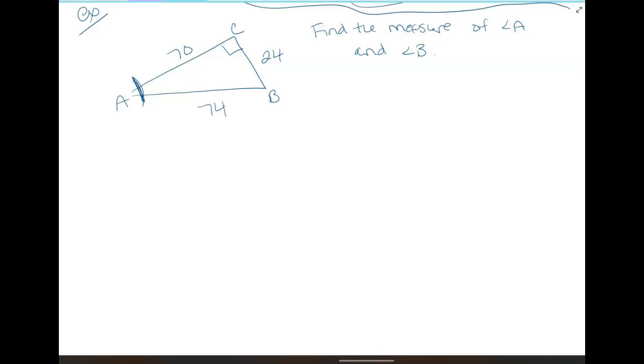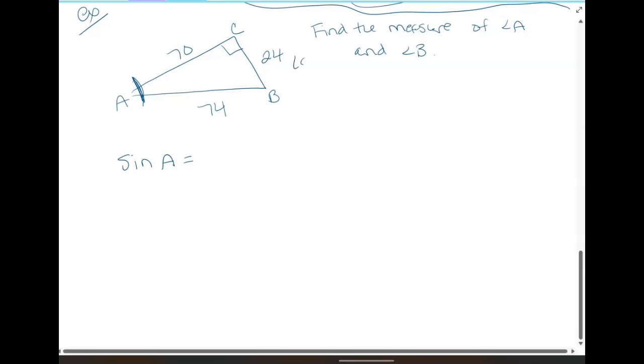I always kind of like the sine. The sine for me seems like the most simple. I don't know. It is the most common as you go through your mathematical courses. So I'm just prone to use the sine. But if you use any of them correctly, we will all get the same answer. So you don't need to worry about that. Okay, so in relationship to A, the sine is the opposite over the hypotenuse.